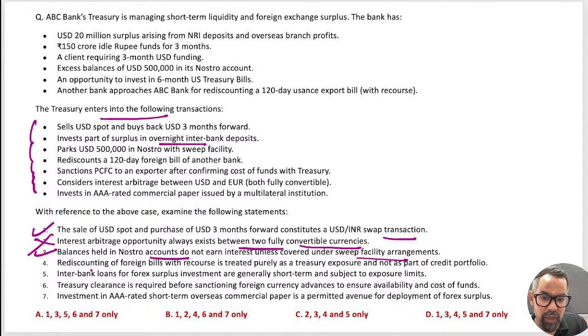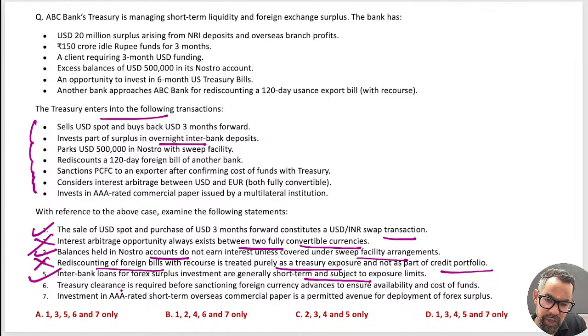Yes. Rediscounting of foreign bills with recourse is treated purely as a treasury exposure, not part of the credit portfolio. It is with recourse, right? So this should be wrong. It will come to the credit portfolio. Interbank loans for the forex surplus investment are generally short term and subject to exposure limits. Correct?